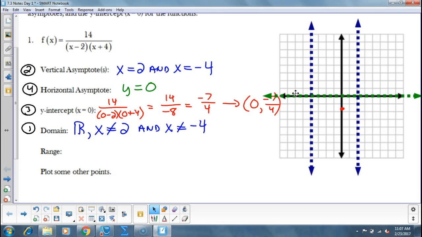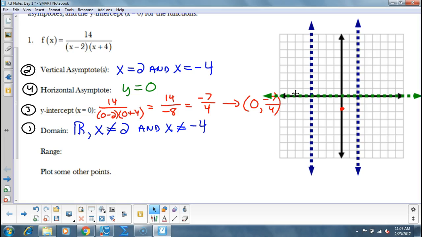Okay? Because the numerator is a constant, it's going to be 0. If the numerator is not a constant, meaning if there's a variable up there, then it's something else. And we've talked about that in the last couple of days. Okay? But because it's a constant, it's y equals 0.